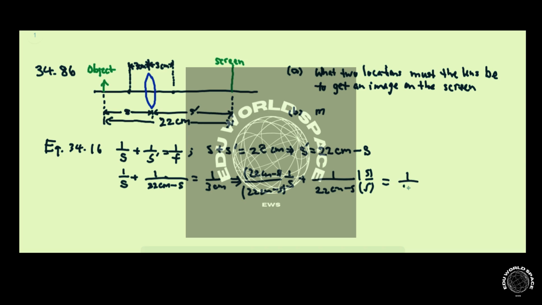So then I have 22 centimeters minus S plus S, divided by, after distributing, 22 centimeters times S minus S squared, equal to 1 over 3 centimeters.